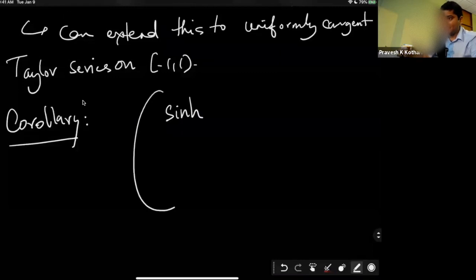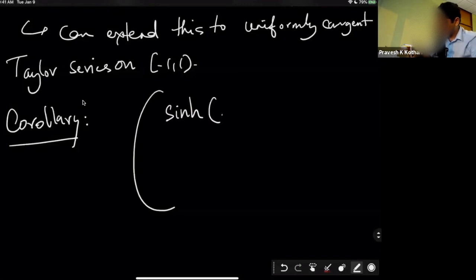So, using this fact that I claimed to you, that the hyperbolic sine's Taylor series coefficients are just the absolute values of the coefficients of the sine function. And actually, I'm again going to, by fiat, claim to you that over the interval -1, 1, both sine and the hyperbolic sine have uniformly convergent Taylor series.